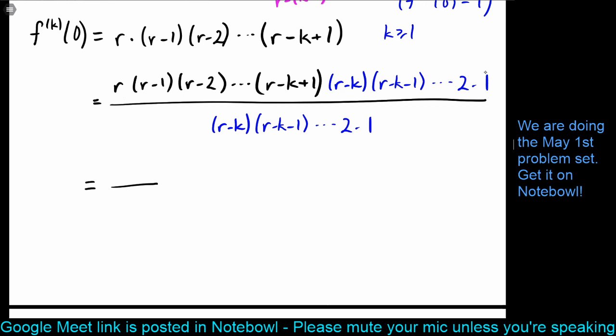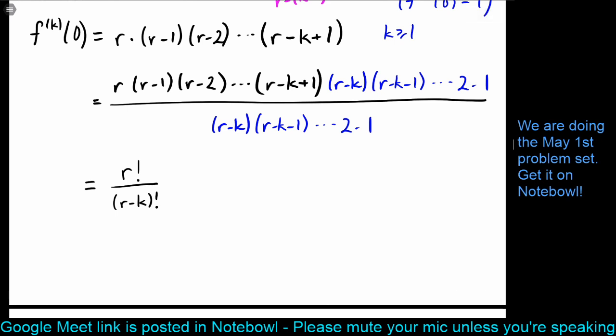Top here, we have numbers 1, 2, all the way up through r. Top should just be r factorial. What about the bottom? A nice r minus k factorial.